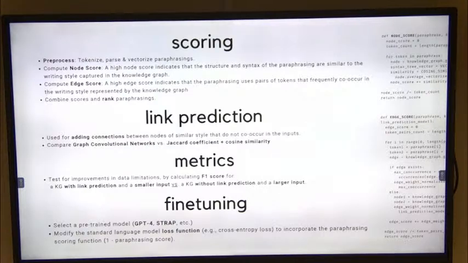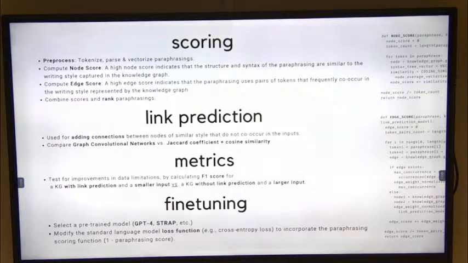And in terms of metrics, what we want the system to do is to be able to handle cases where there's less data. So for that, we would use an F1 score where we have a knowledge graph with link prediction and a smaller input, and a knowledge graph without link prediction and a larger input. So we see if the graph with link prediction does as well as a graph without link prediction when there's a difference in data size, so data poverty.